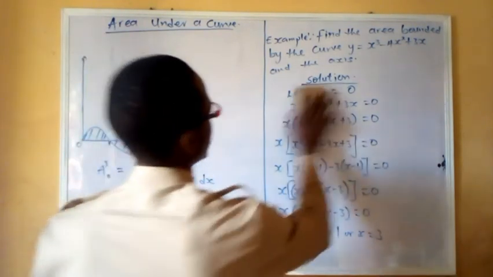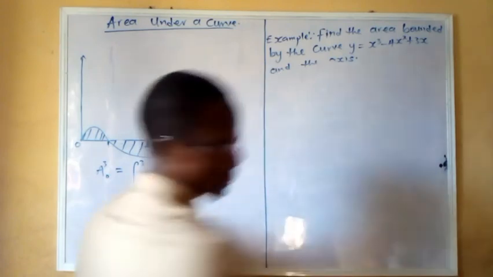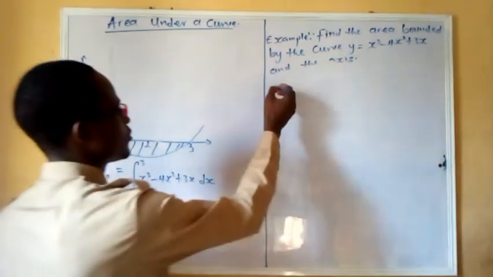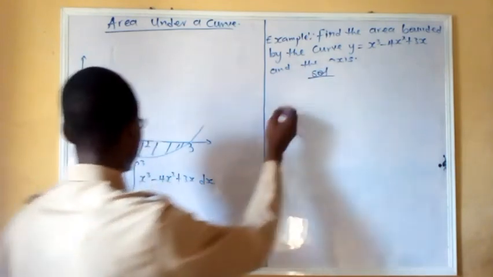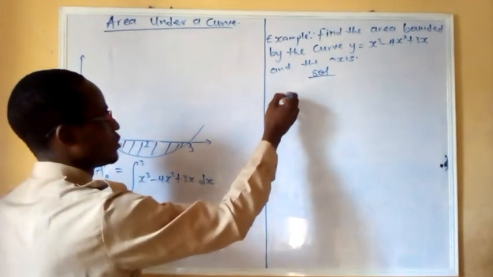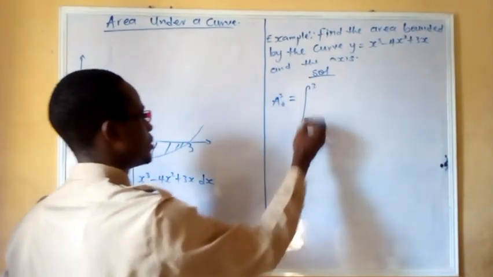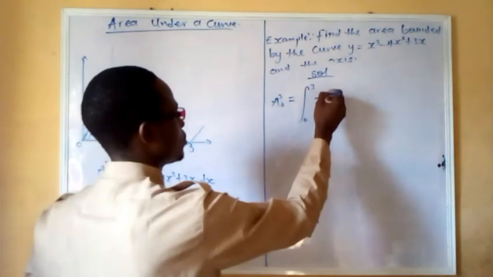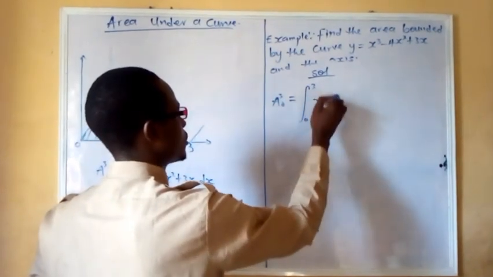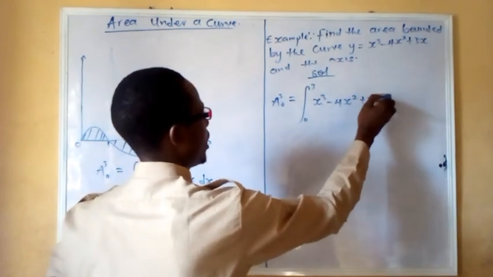Let's get rid of this. So this is actually the solution. It continues here. Area from 3 to 0 equals the integral from 3 to 0 of x raised to power 3 minus 4x squared plus 3x dx.